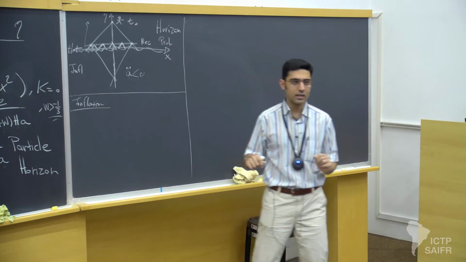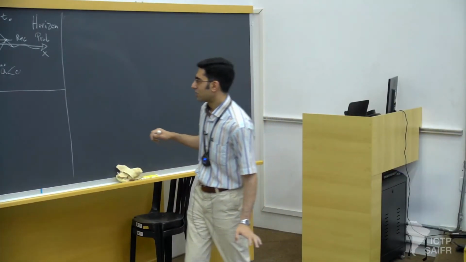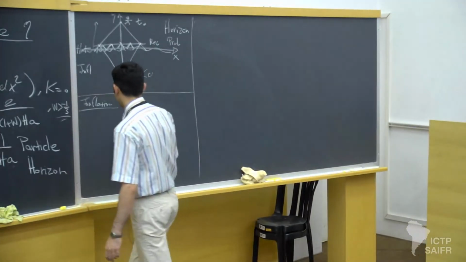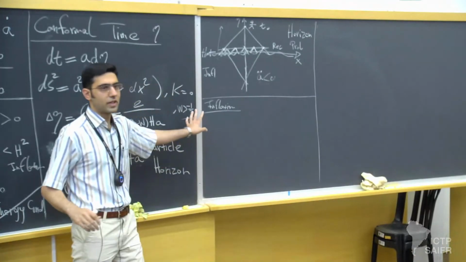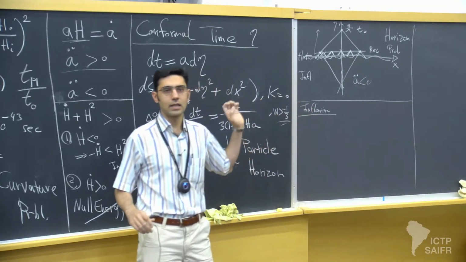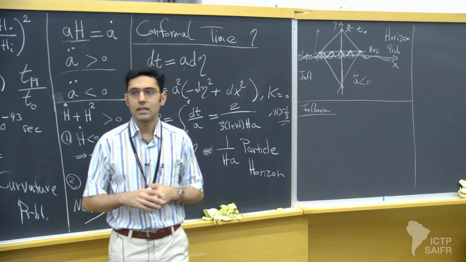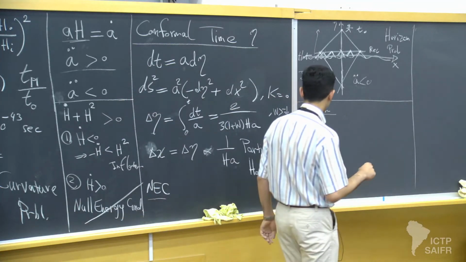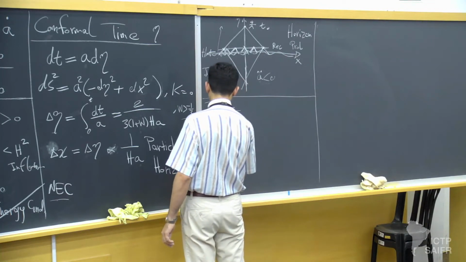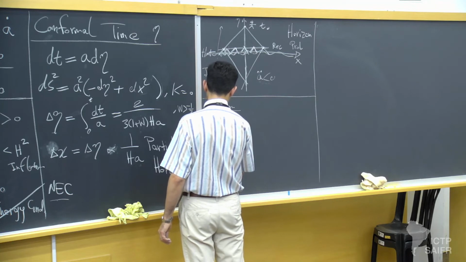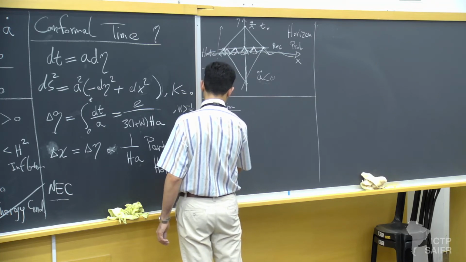Oh, by the way, I didn't say what de Sitter is, so now I'm going to say. I want to consider inflation to be some phase of nearly de Sitter. So let's first talk about de Sitter.